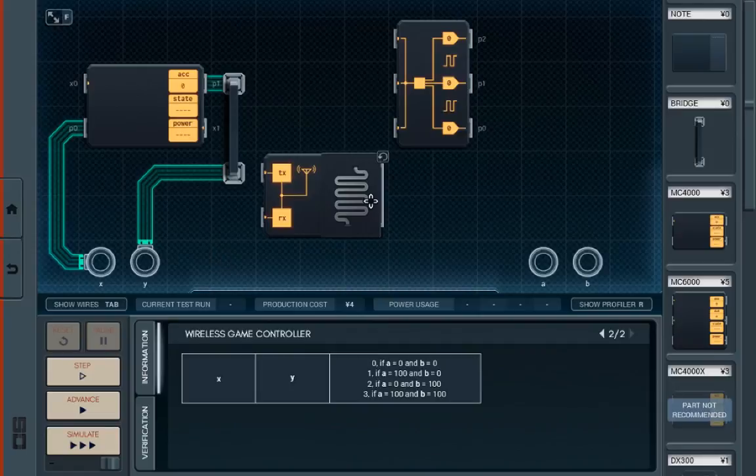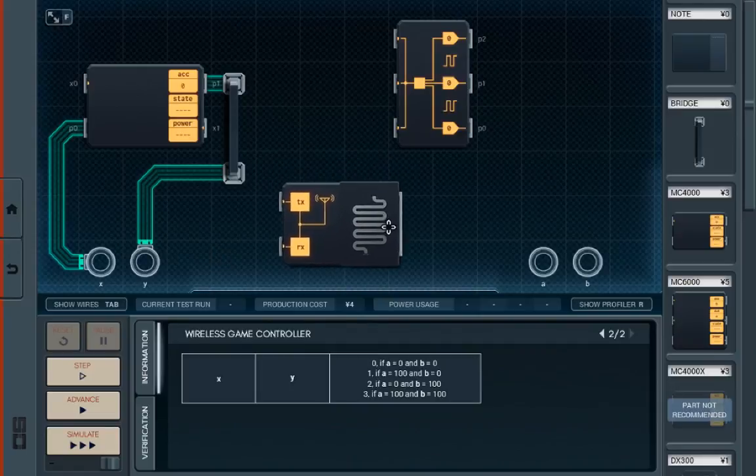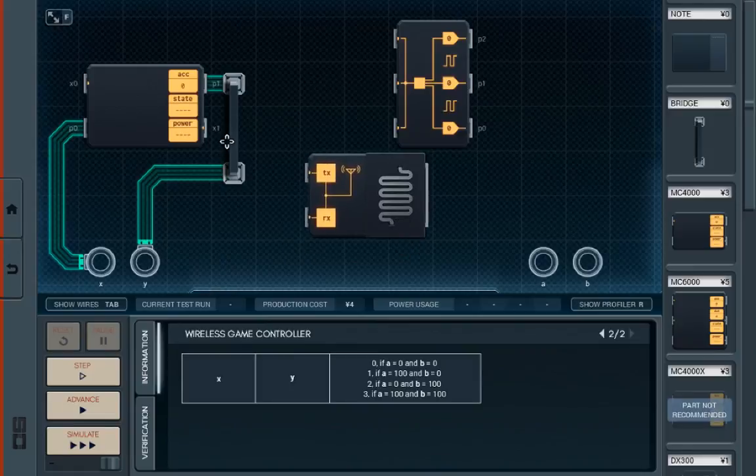So that's how it's reading X and Y, and then it's reading its X input, reading and writing, I suppose. Let's do it like this.